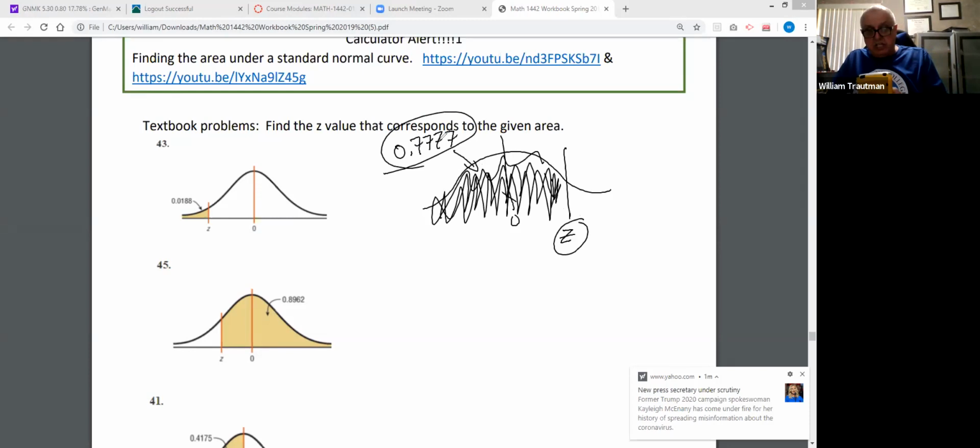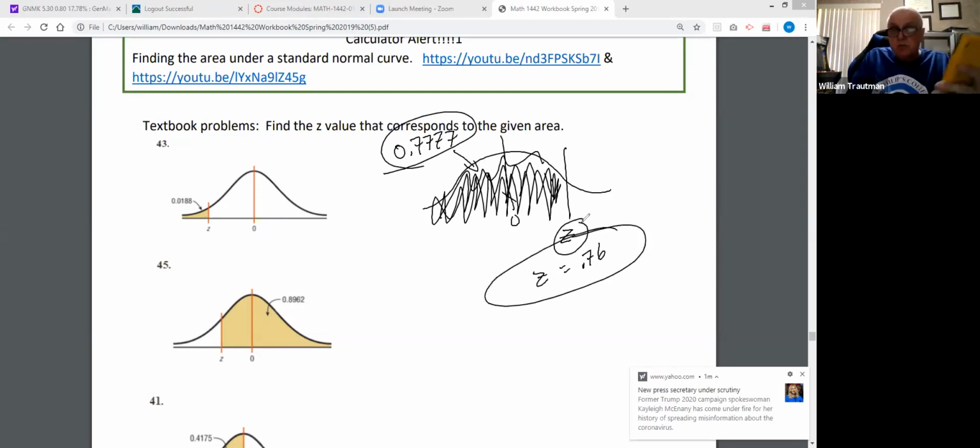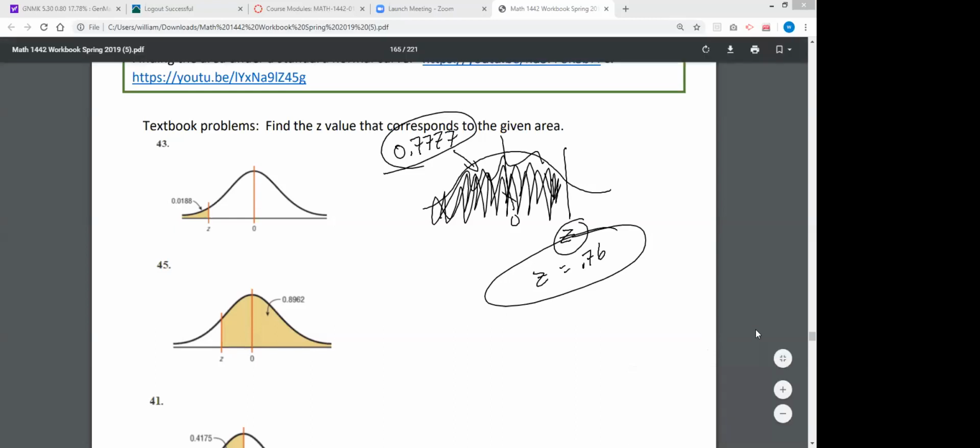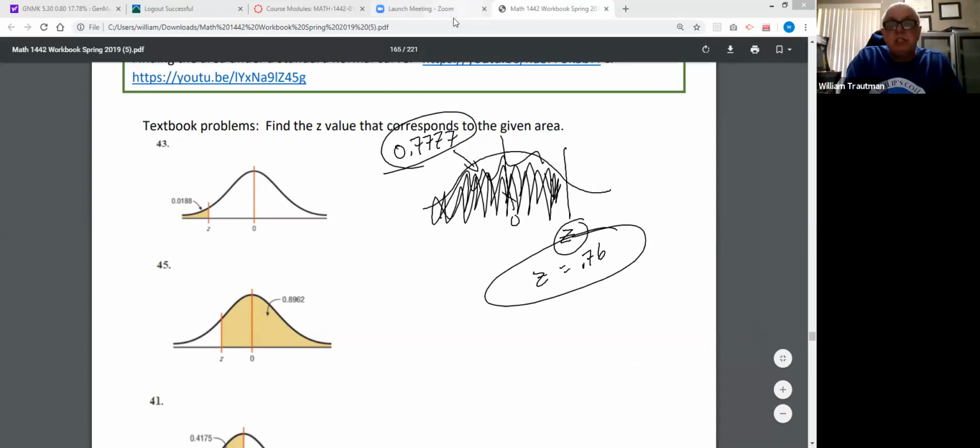Second vars, number 3, 0.7777. And you see our Z value is positive. We have a Z value of 0.76. Z values always go to 2 decimal places. I hope that answered your question, did it? Yes, it did. Okay, thank you. Any other questions?